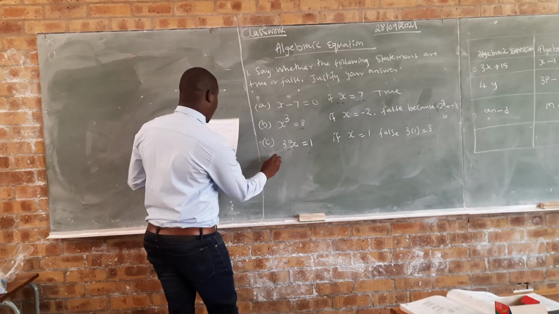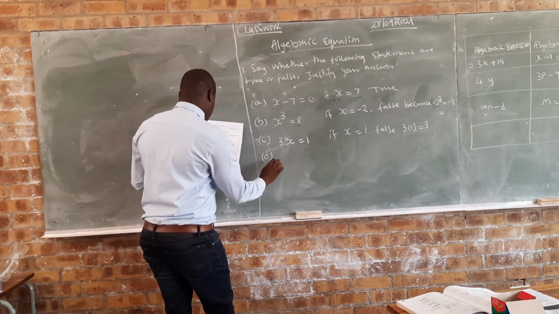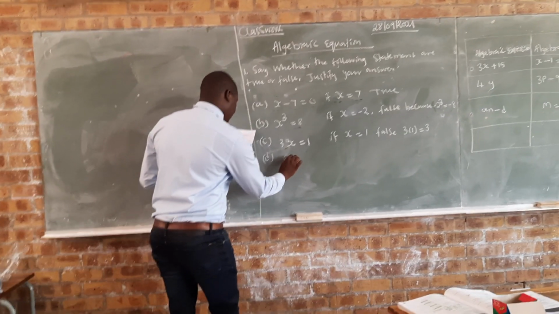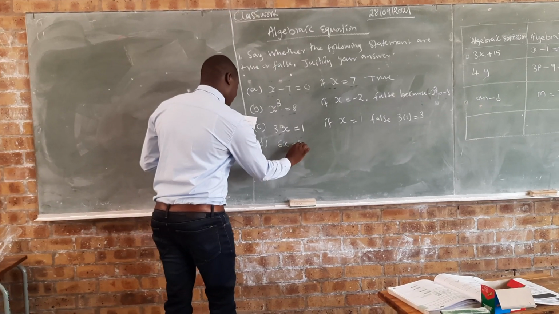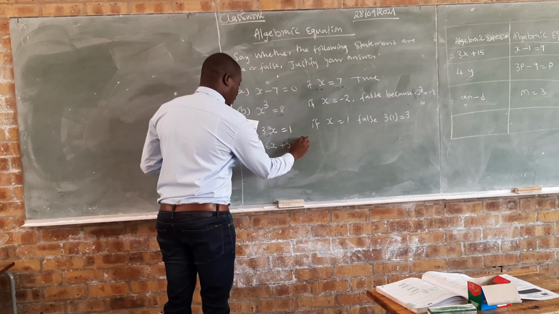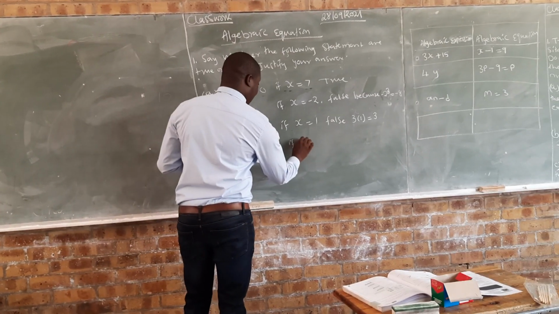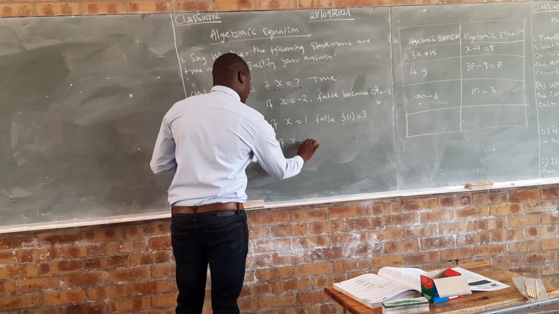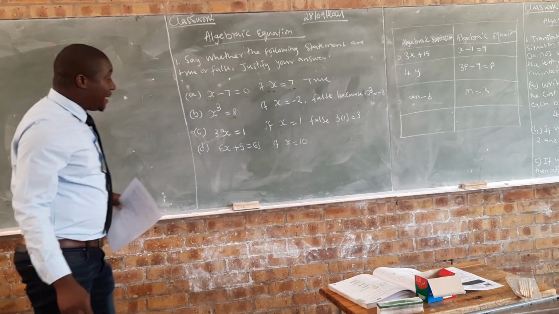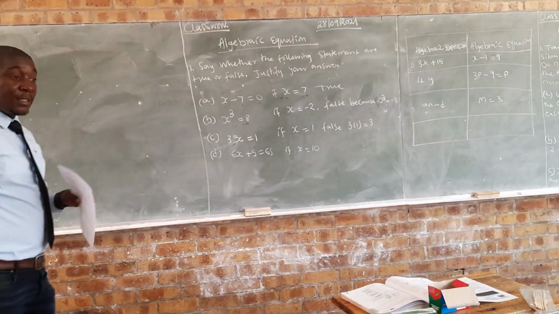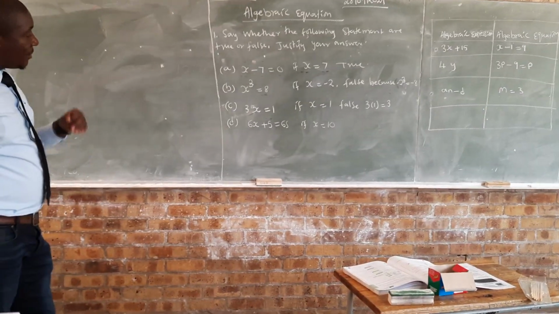And number D is 6x plus 5 equals 65. If x equals 10, is this true or false? True.